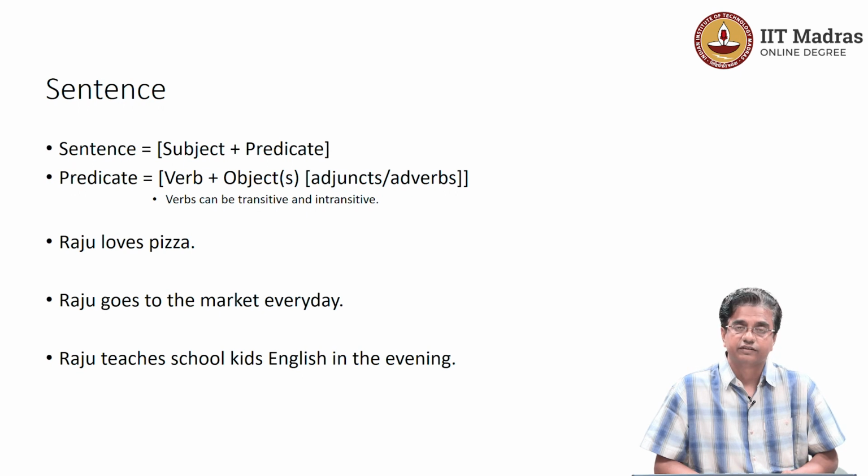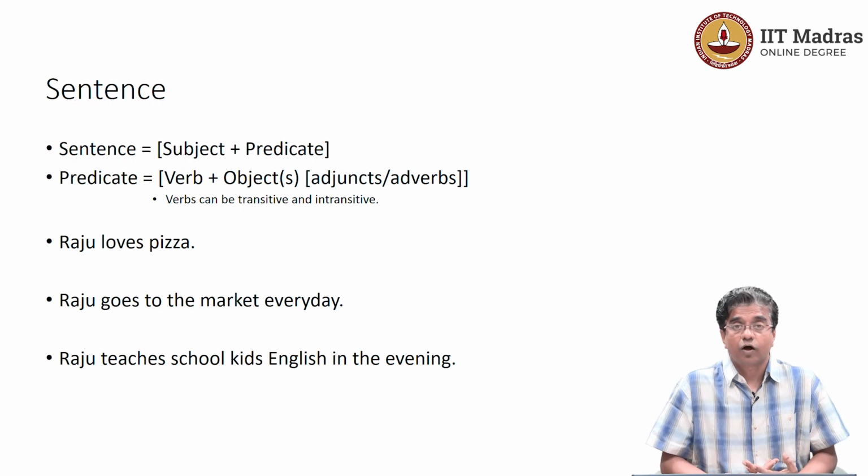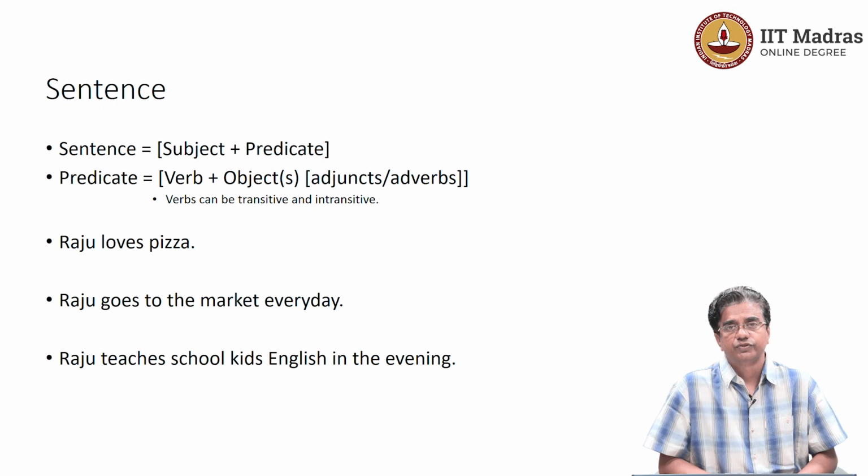A verb, definitely a verb, and their objects. The presence or absence of an object depends on the nature of the verb.